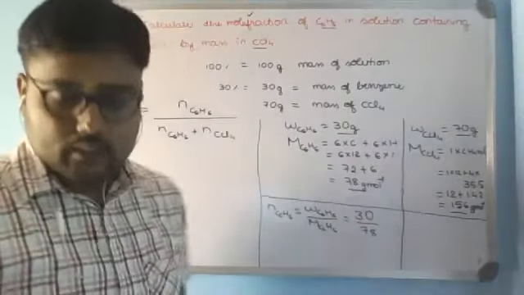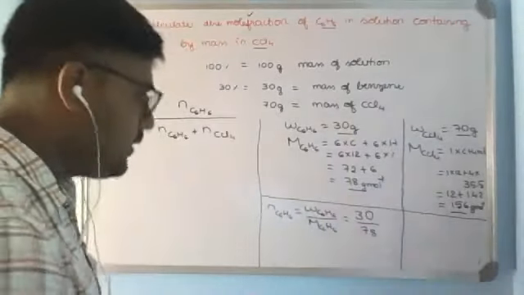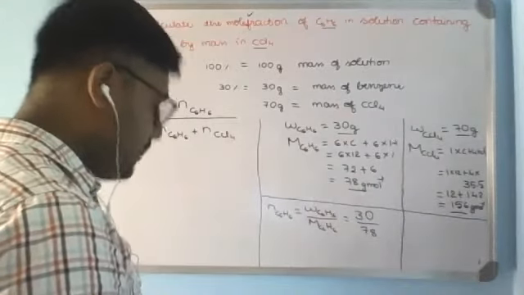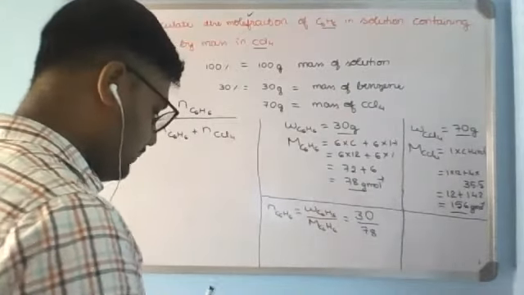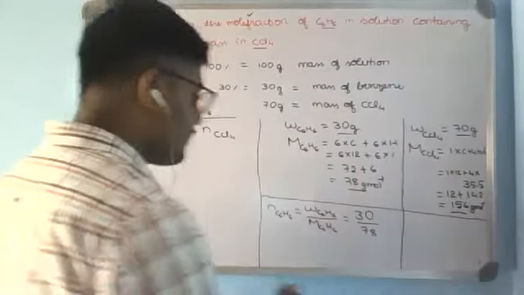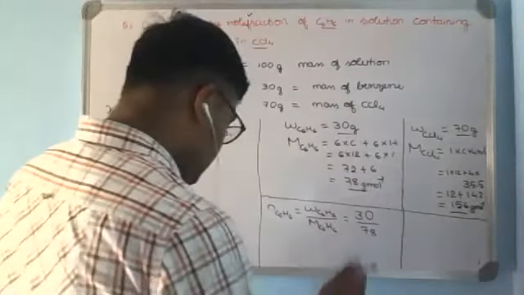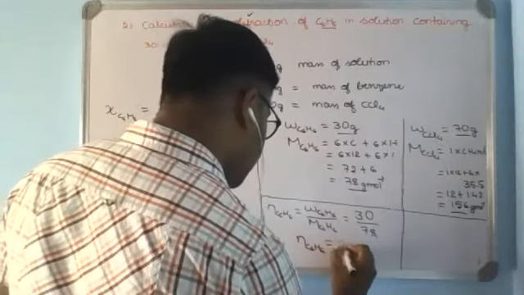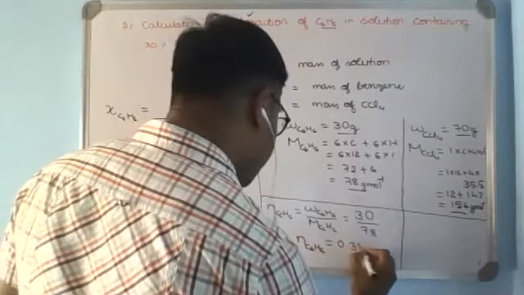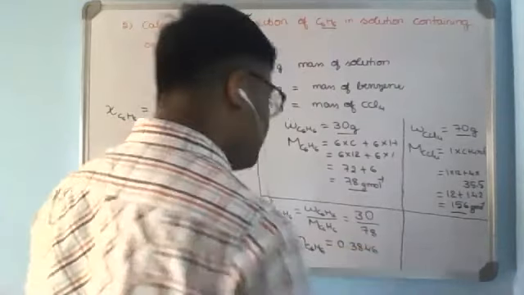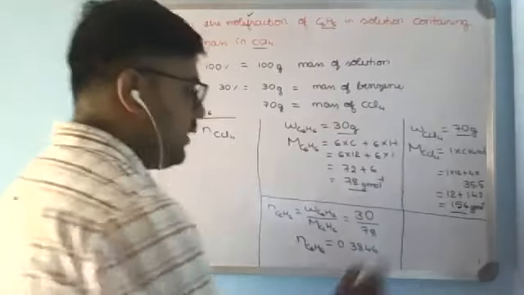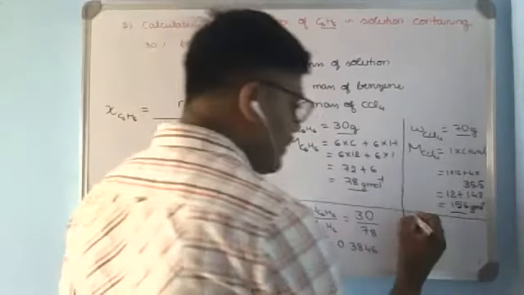If we simplify the ratio, the number of moles of benzene is found to be 0.3846, or you can approximate it as 0.385 by rounding off rules.